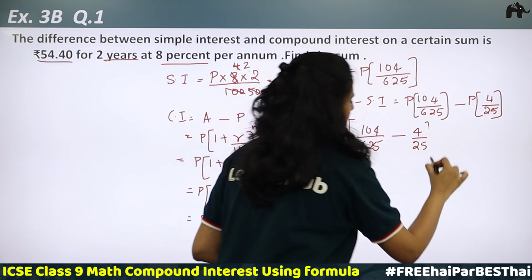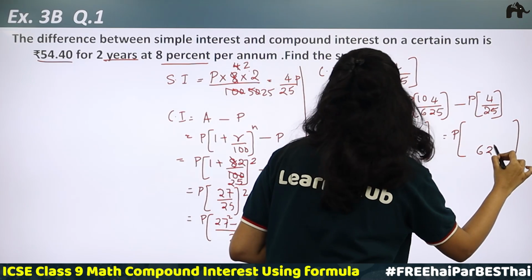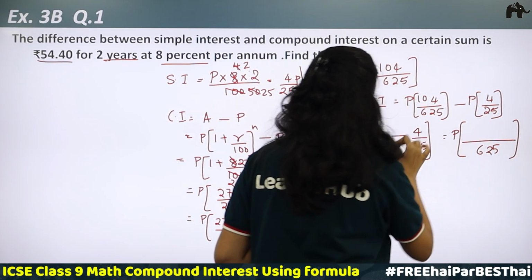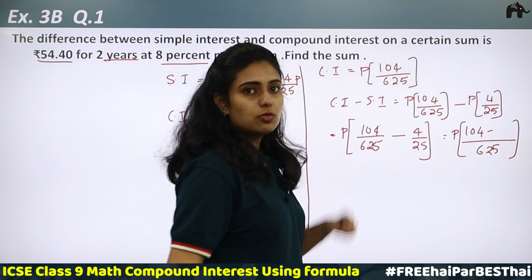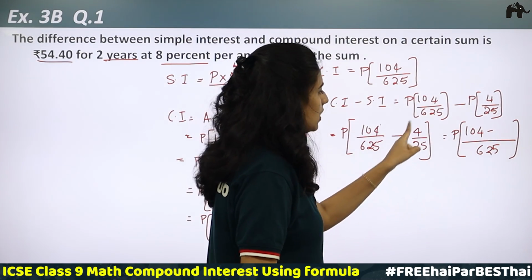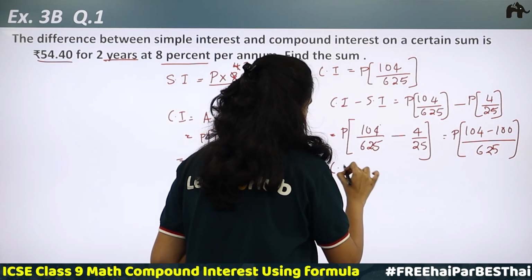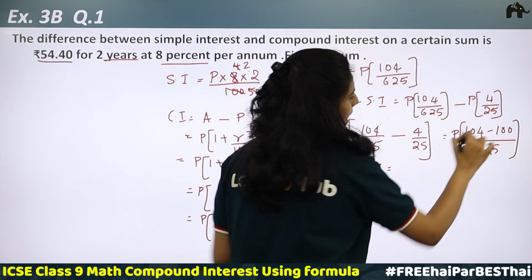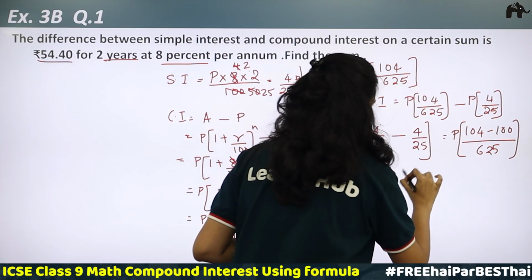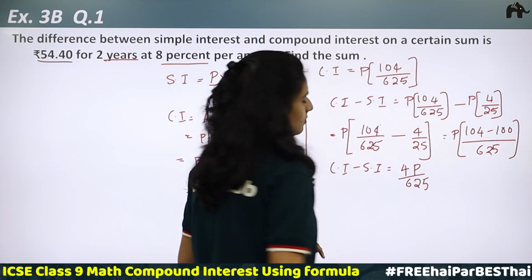Now taking the LCM, P into denominator you will be having 625, numerator here 104 minus 25 into 25 is 625, this 25 into 4 you will be getting 100. So compound interest minus simple interest is equal to 104 minus 100, which is 4P divided by 625.